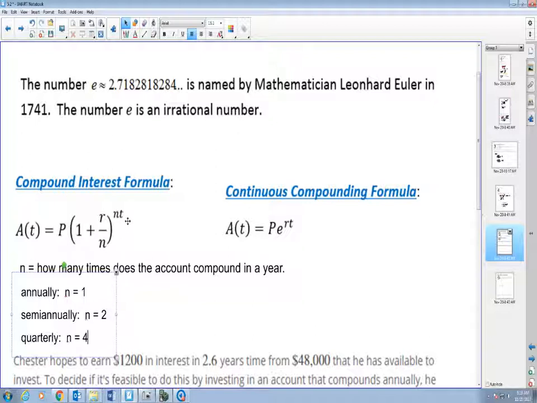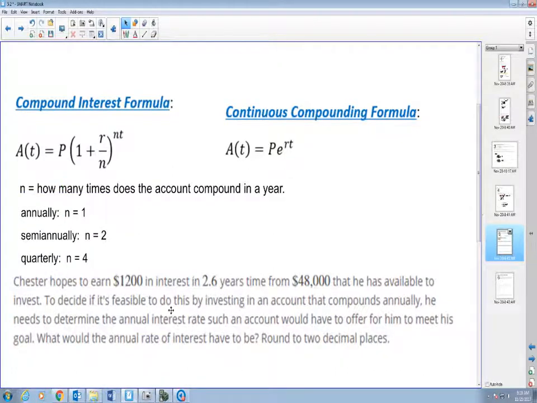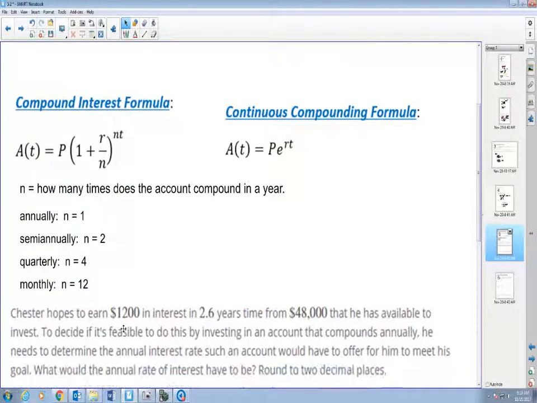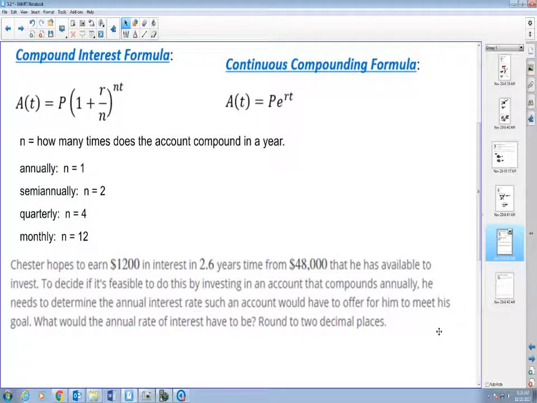Therefore it creates an exponential explosion on the money over time. You don't make a lot of money right away. Monthly means n is equal to 12. Then we can also have daily, which is 365 or 360, depending on what the homework would like you to do.